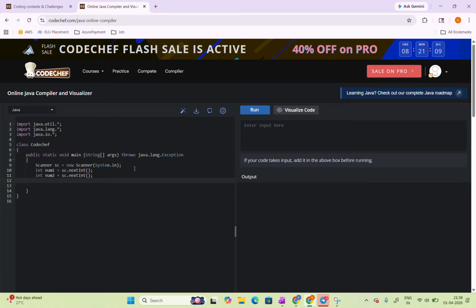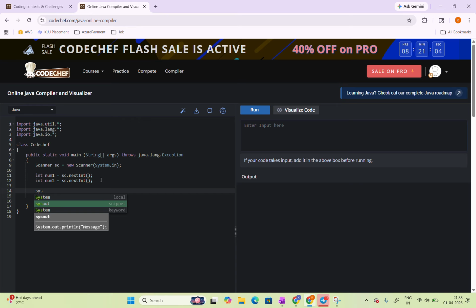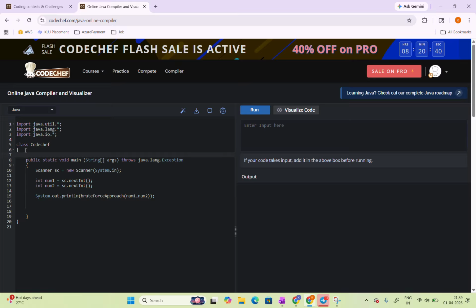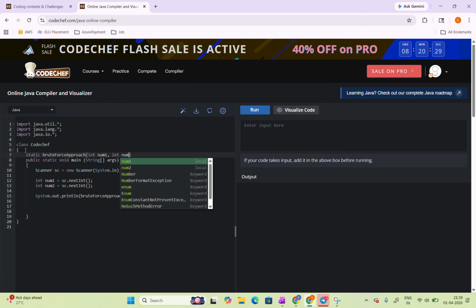So I'm reading both the numbers here. I'm going to write the brute force approach. Don't worry. I'll write the brute force. int num1, int num2.